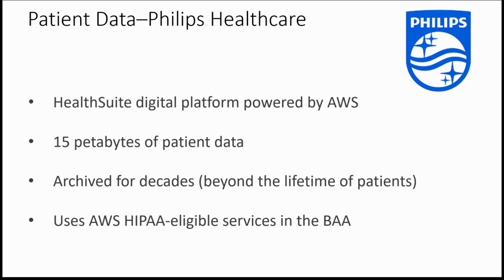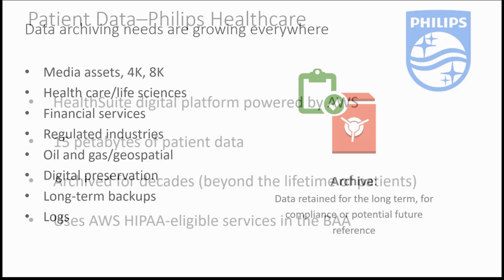But for example, for healthcare, depending on age of patient, the retention requirements for images are either 7 or 21 years. So that data not only has to remain archived, it has to remain unchanged and proven to be locked down and retained for that period of time. We'll talk about some very specific capabilities that we have within our Glacier service called Vault Lock that allow for that retention period to be maintained.